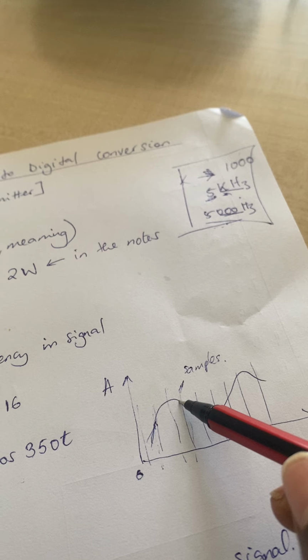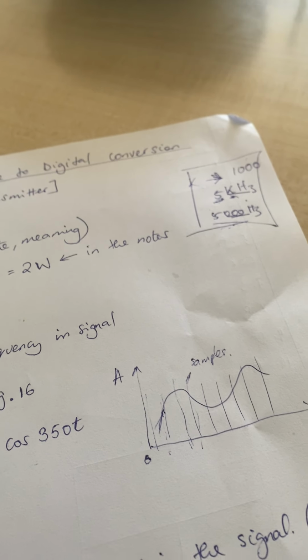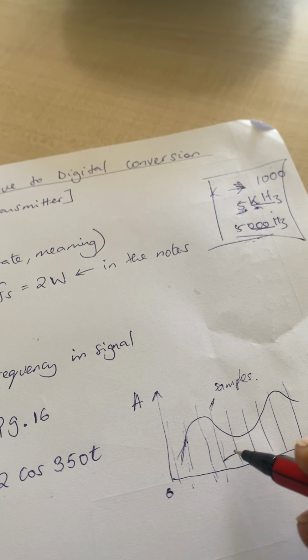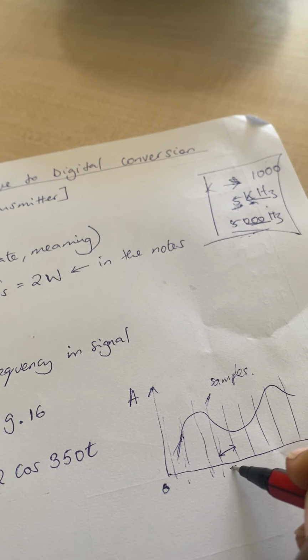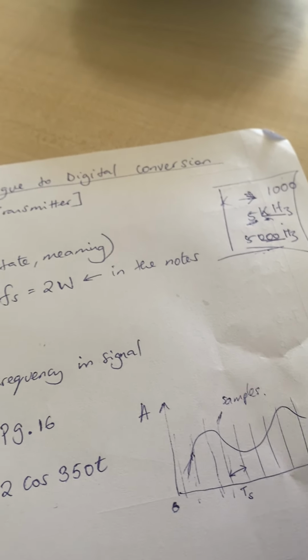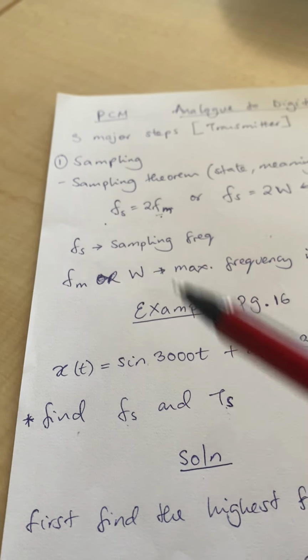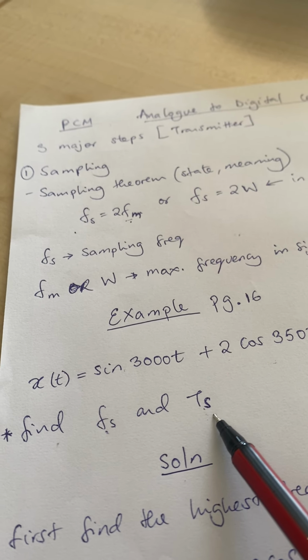That is sampling frequency. And then if we talk about the sampling period, which is Ts, it will simply be this space between the samples, that is your Ts. So no wonder I'm saying when we're talking about sampling, the most important parameters are Fs and Ts.